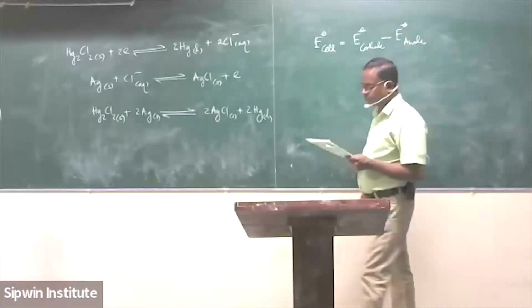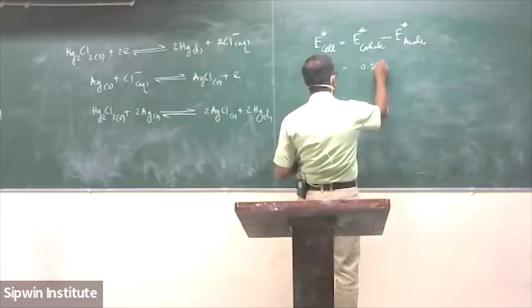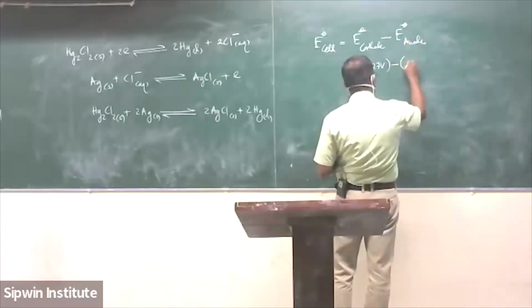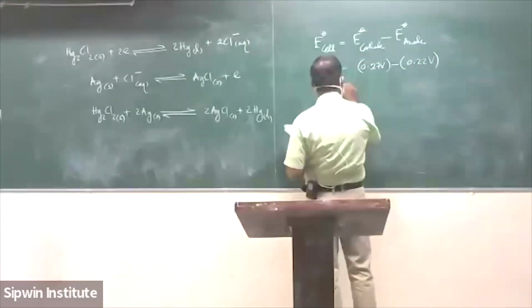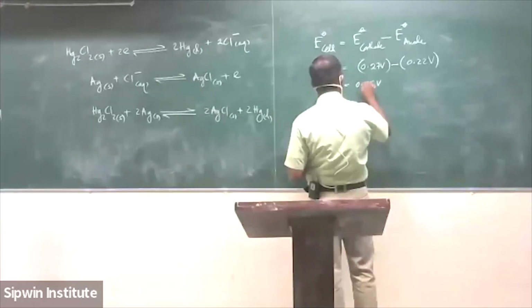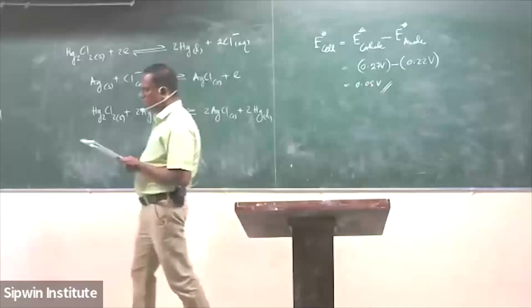Then substitution: 0.27 volts minus 0.22 volts gives 0.05 volts.